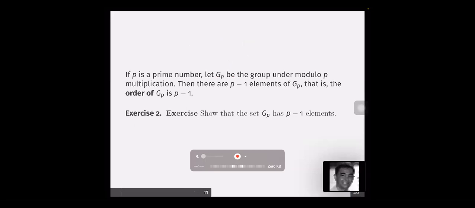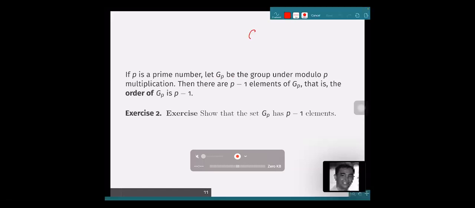Now this is the most important thing, because we are going to restrict our big N, our number, to be a prime number. If it's a prime number, then what can you say?